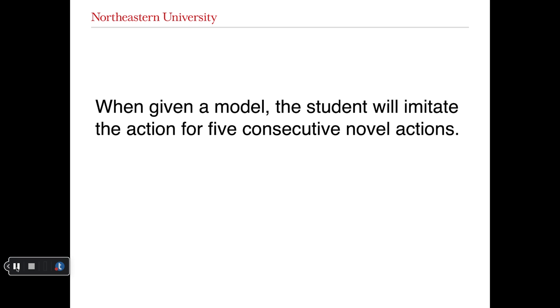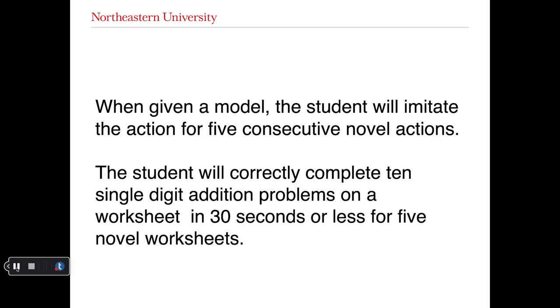The word imitate, if it is precisely imitation, meaning that the imitation perfectly meets the model, might be sufficient. However, if approximations of the modeled action will be accepted, then it's not sufficient. So it's important to think about what this would do in terms of both procedural integrity and inter-observer agreement.